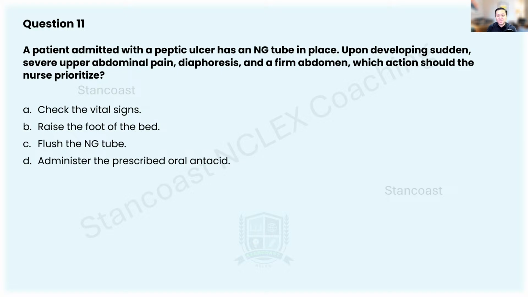Upon developing sudden severe upper abdominal pain, diaphoresis, and a firm abdomen, which action should the nurse prioritize? Is it A, check the vital signs, B, raise the foot of the bed, C, flush the nasogastric tube, or D, administer the prescribed oral antacid? Take your pick.